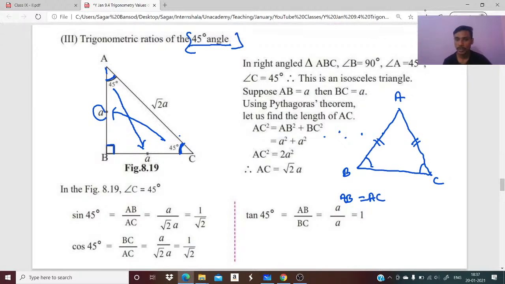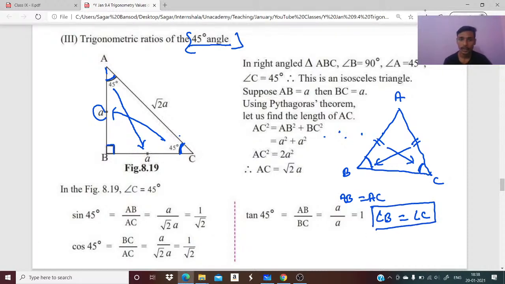That is, if any two sides of a triangle are equal, then the angles opposite to these sides are also equal. That is, my angle B will be equal to my angle C. This is what the isosceles triangle theorem says.